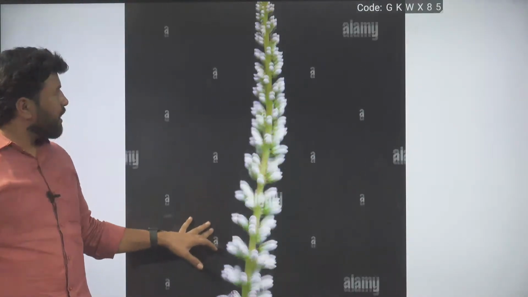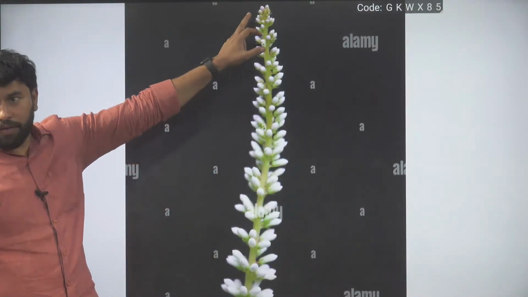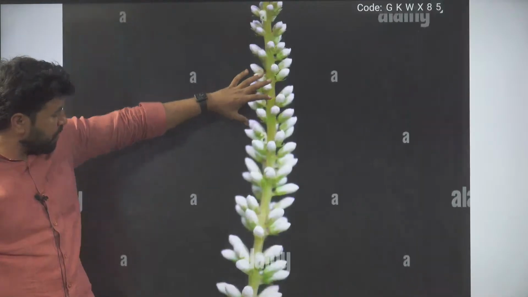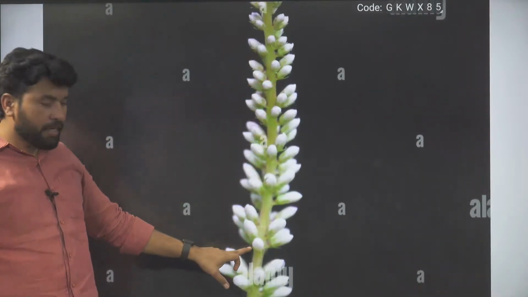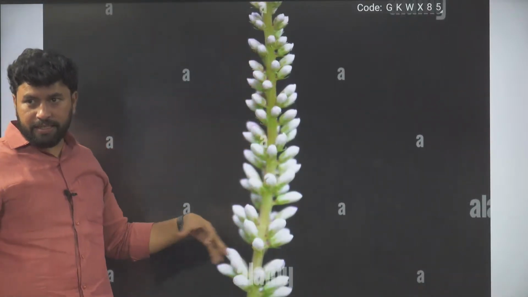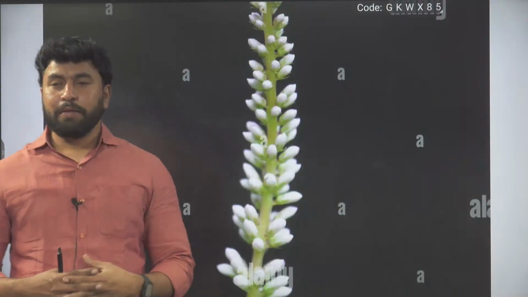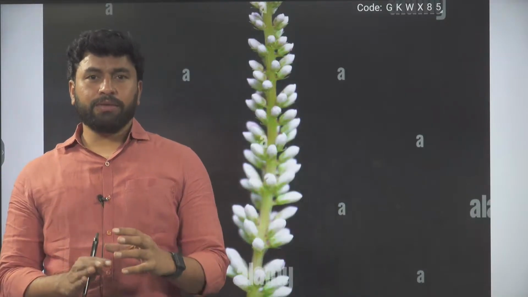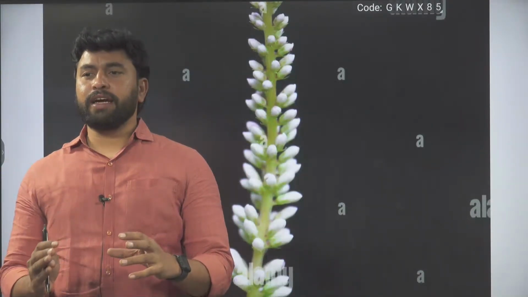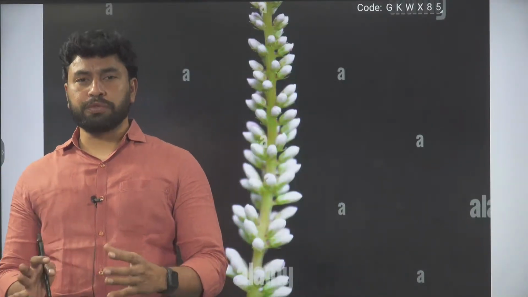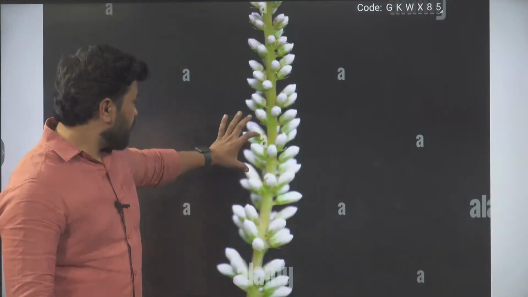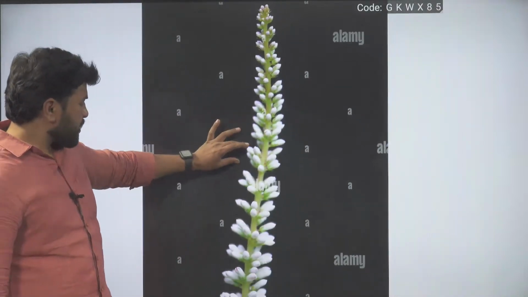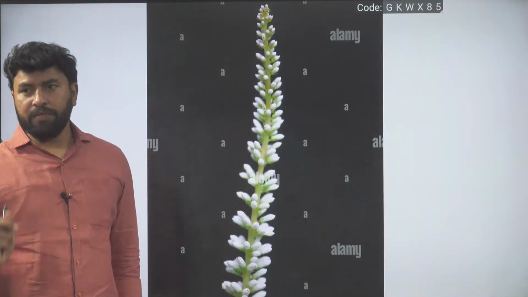At the tip there are young flowers. You have to remember, in the middle there is an axis. This axis we call the peduncle, in short the inflorescence axis technically, and morphologically it is a kind of modified shoot. Clear? Now it's a spike type of inflorescence.